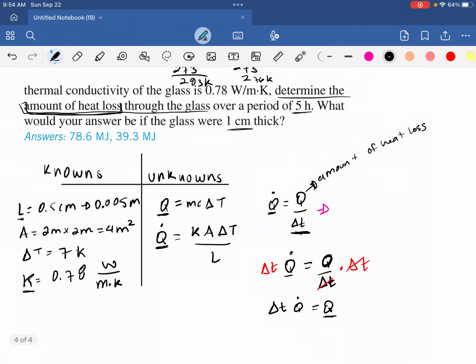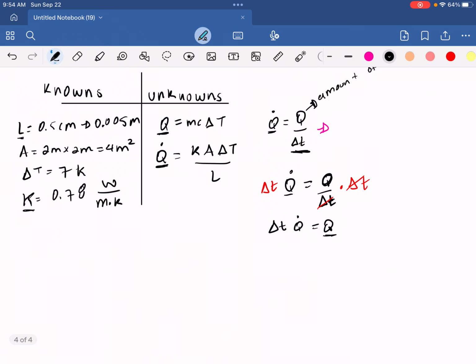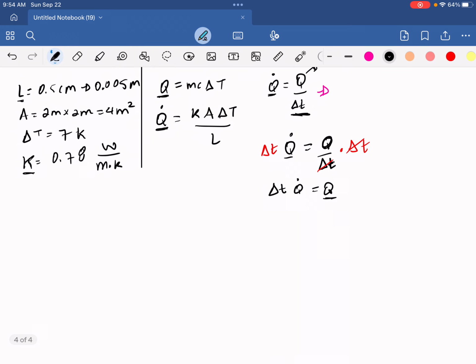I also have the time, 5 hours. I need to convert that into seconds though. Would it matter? I don't know, let's try it out. So how do you go from hours to seconds? Well, one way to do that is to write your 5 hours, and you want to go all the way to seconds.